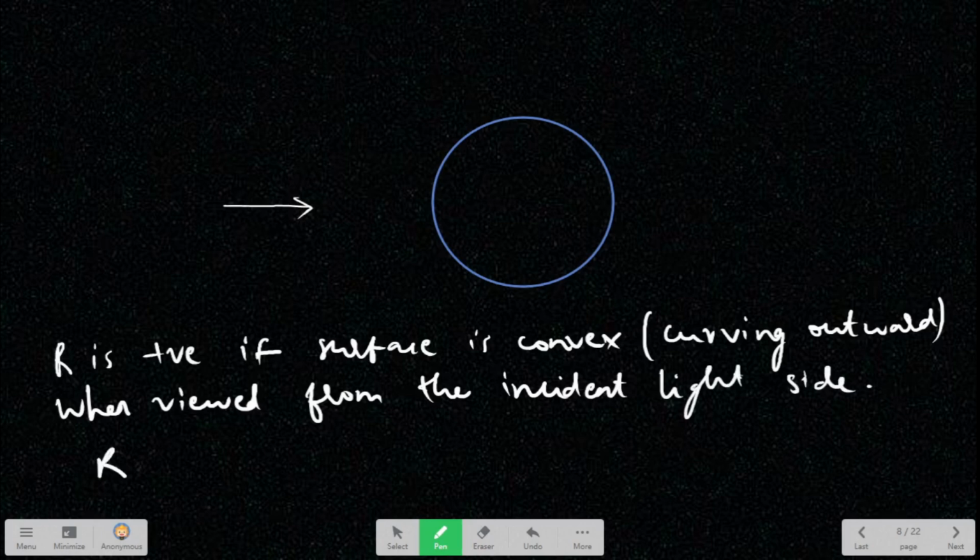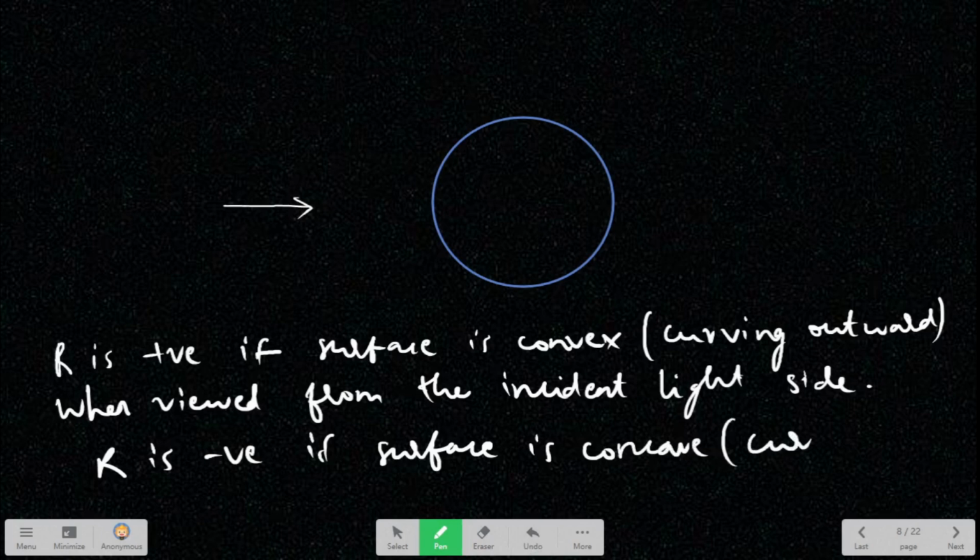R is negative if the surface is concave, that is curving inward, when viewed from the incident light side.